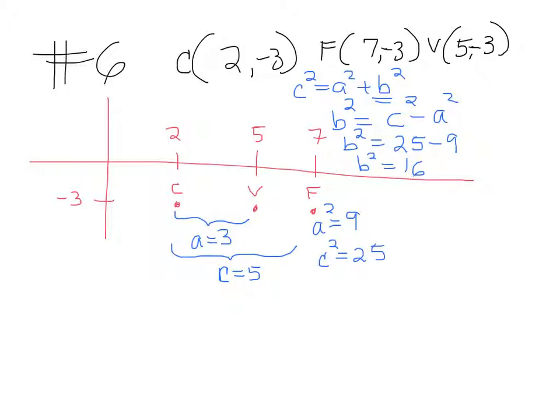And now with the plotting of the points, I can see that the hyperbola is opening to the right because the focus is inside that part of the hyperbola. So therefore, the x goes with the A square, and the y is going to go with the B square.